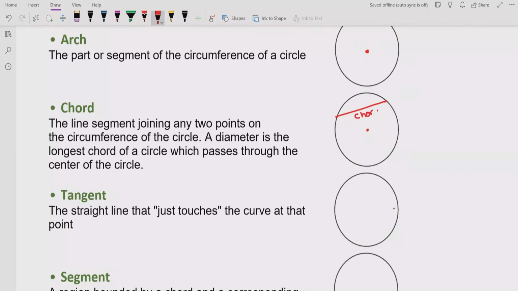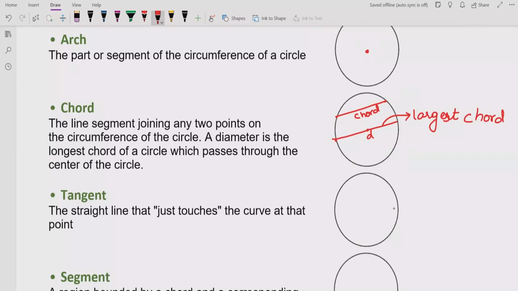But here we have another line, the diameter. The diameter is the longest chord of a circle, which passes through the center of the circle. So this is the diameter, the largest chord of a circle.